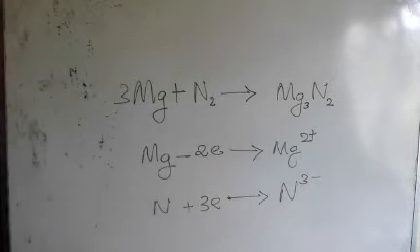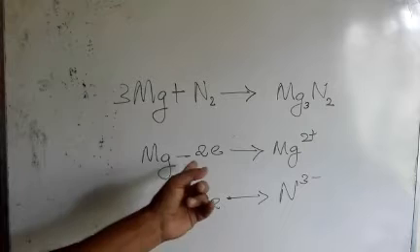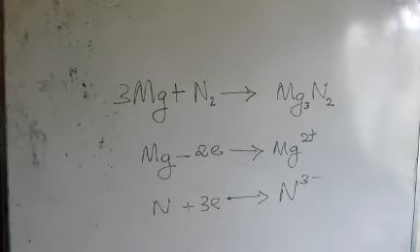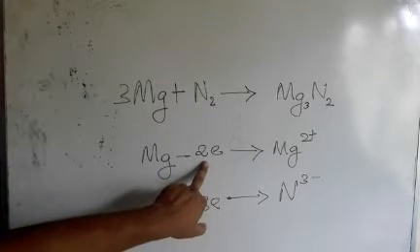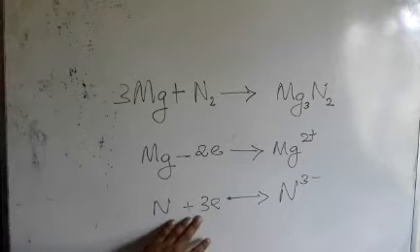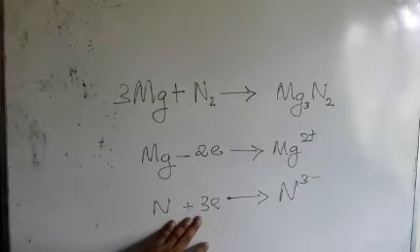reduction half reaction. So in our book, sodium chloride is given. You can look at that. Sodium removes 1 electron and chlorine gains 1 electron, and simply the sodium positive ion and chloride ion are formed. Here I give a little different one where magnesium removes 2 electrons, nitrogen gains 3 electrons.